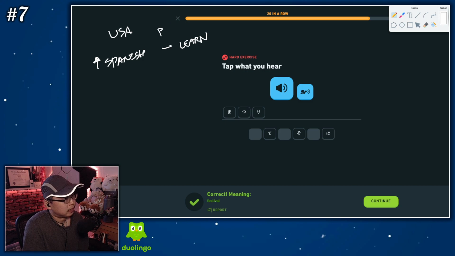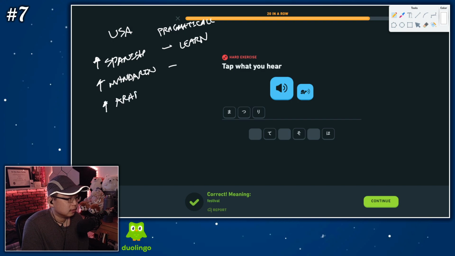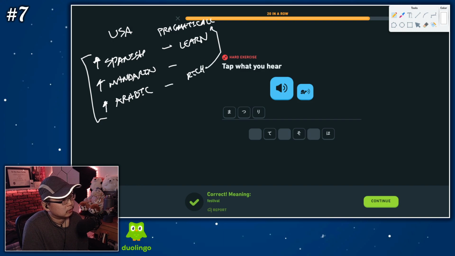Because if you're thinking pragmatically, Spanish has a gigantic reach. And then the other one is Mandarin. And then I would say third would be Arabic. So these are just largely based on reach, like pure pragmatic numbers.